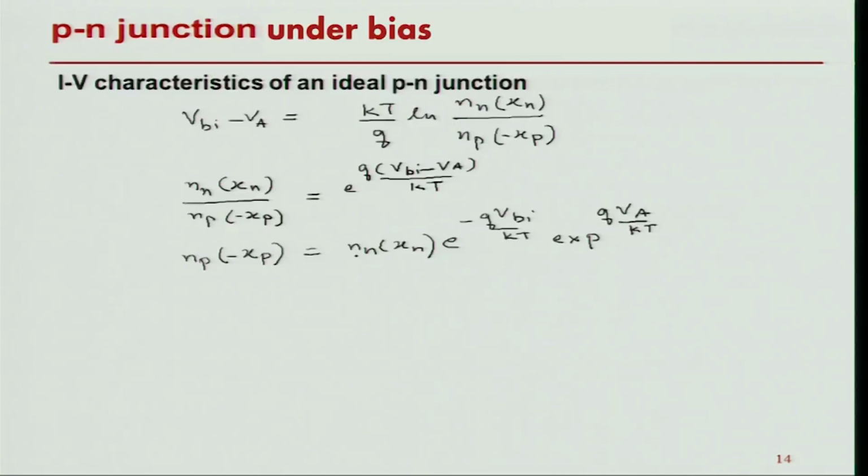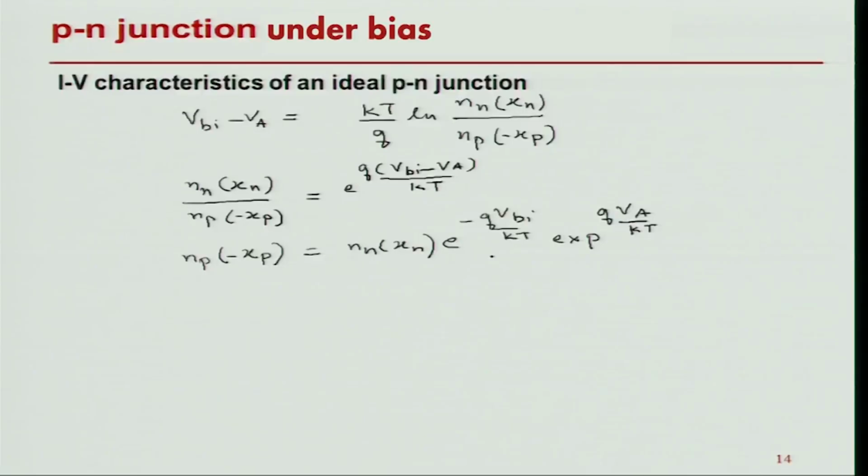Now, the electron concentration in n type at x n is nothing but the majority concentration in n type, and earlier from electrostatics we had a relationship for V B I. We can write the built in potential in terms of the carrier concentration on the two sides.